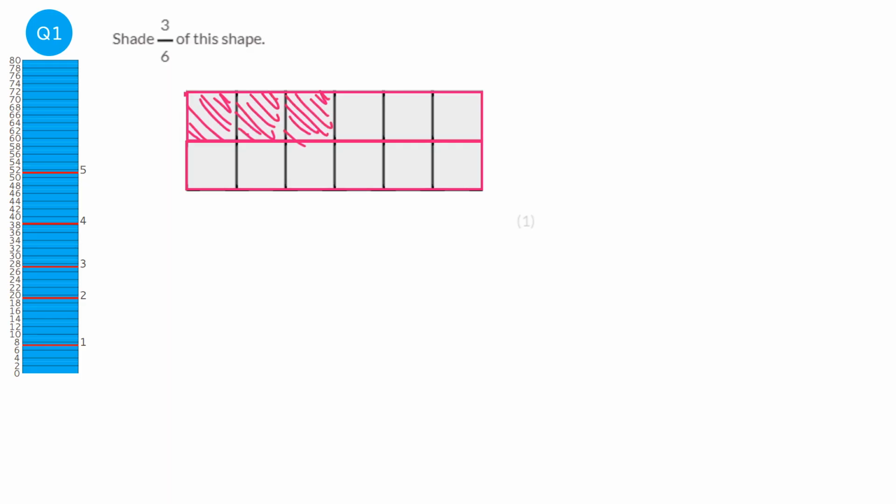So that's 3 for the first set, and 3 for the second set. And that's our answer. Now you might notice that 3/6 is the same as a half, because we can divide by 3, and so all I need to do is shade in a half. Or you might convert 3/6 into 6/12, and there's 12 squares altogether, so it's 6 of the 12 squares. There's lots of ways of doing this question.